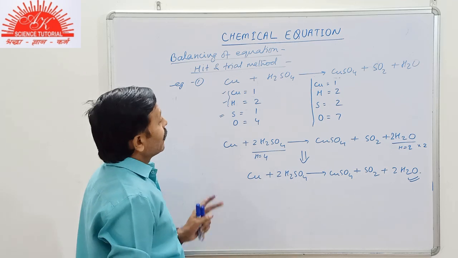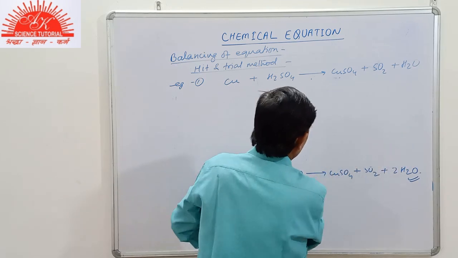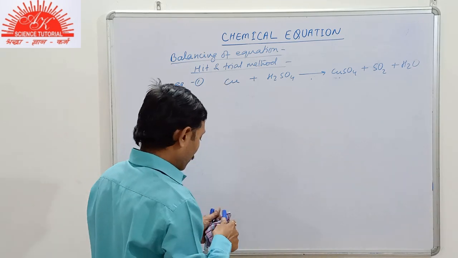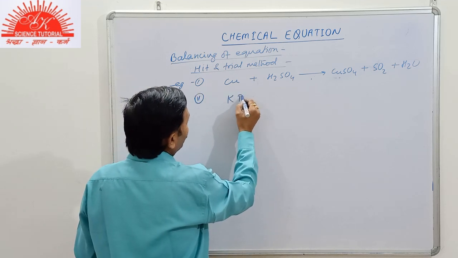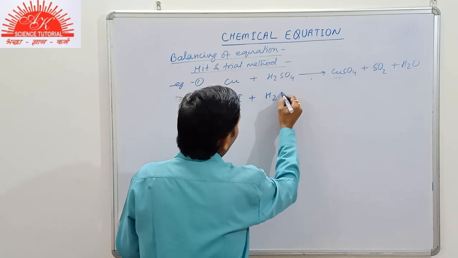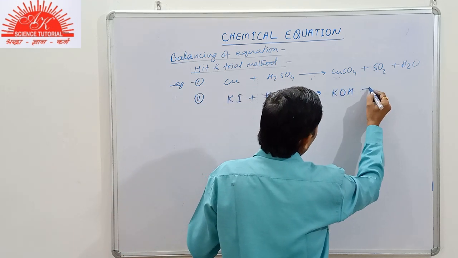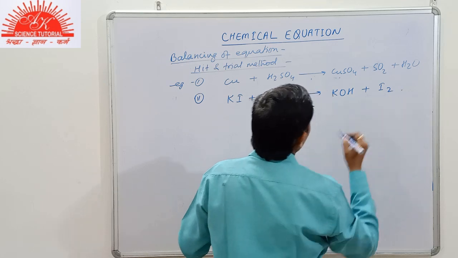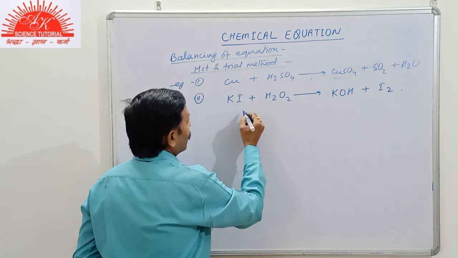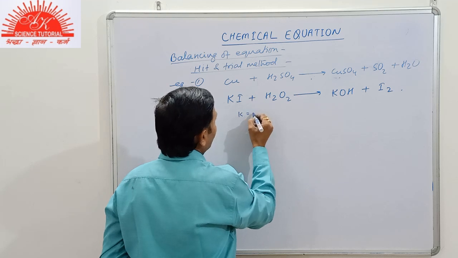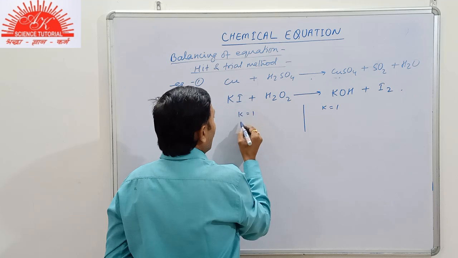Now take another example. Suppose potassium iodide is reacted with hydrogen peroxide. The products are potassium hydroxide and iodine. Now follow the same method. On this side potassium is 1, here also potassium 1.